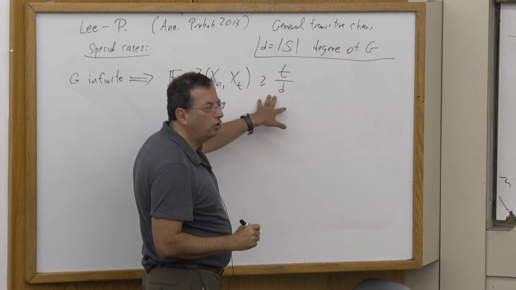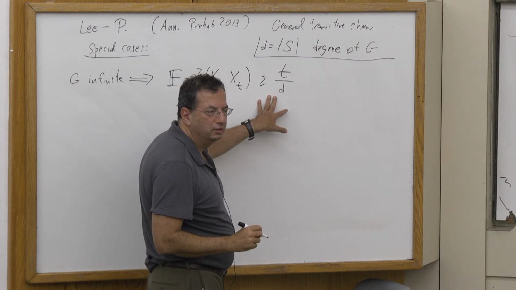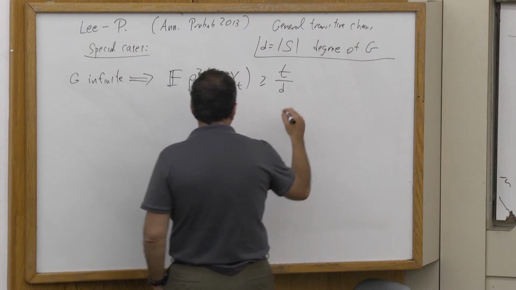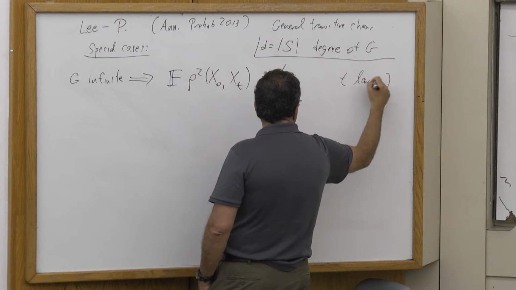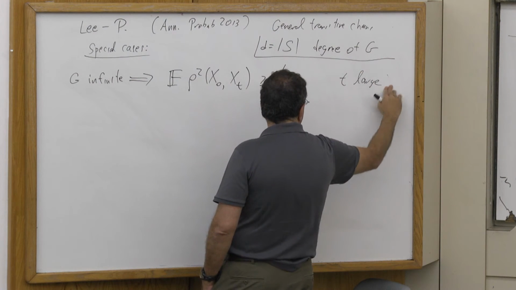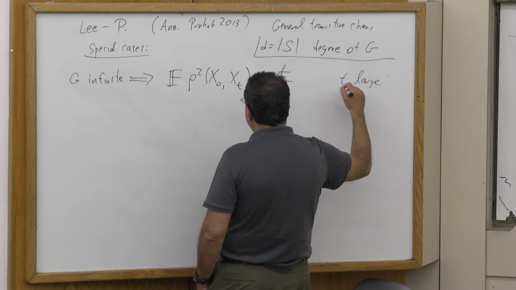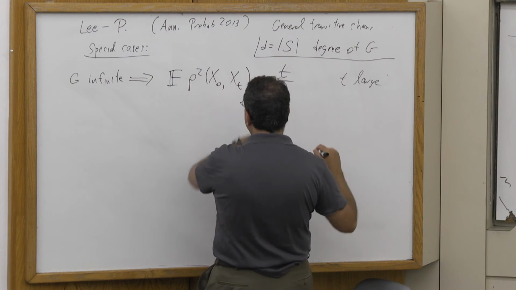So no mysterious constants, just t over the degree. In general, I need a condition like t large enough, but if G is amenable, this is true for all t.